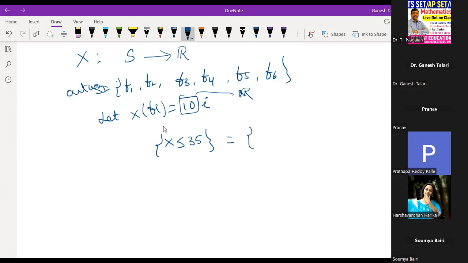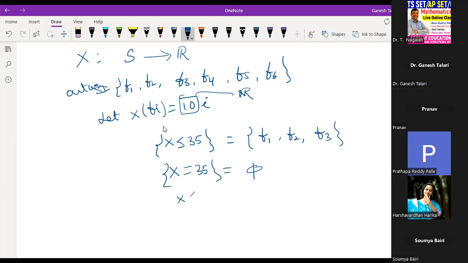What is the sample space here? F1 will come, F2 will come, and F3 will come. And let it be another case: X is exactly equal to 35 rupees. Exactly 35 rupees. Is any other sample space there in that? No, so I can write this as null.